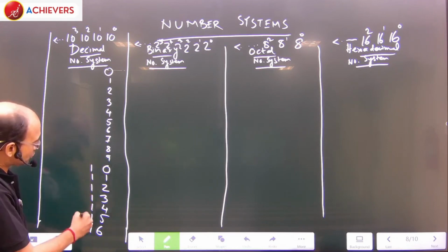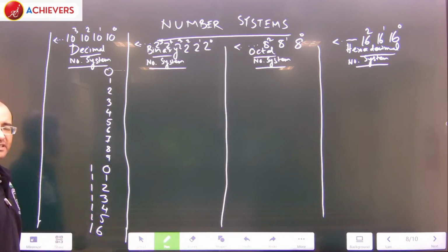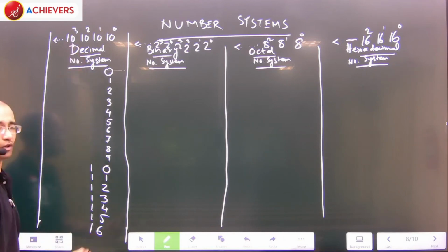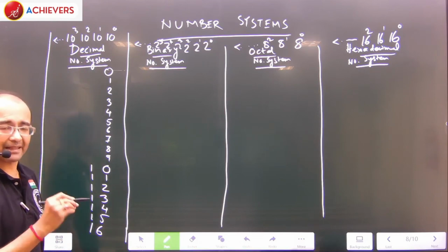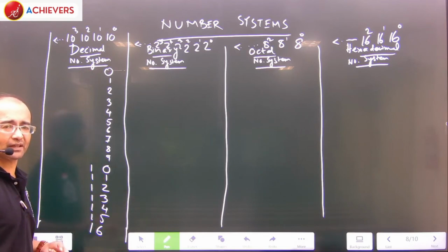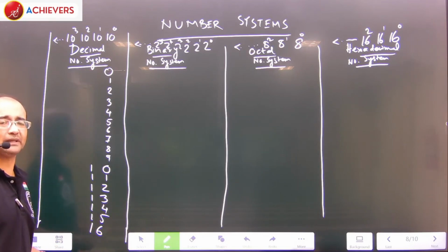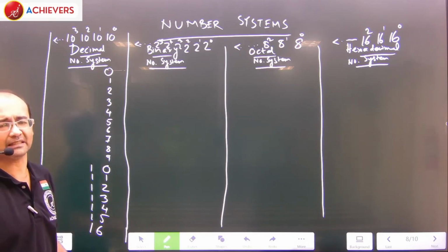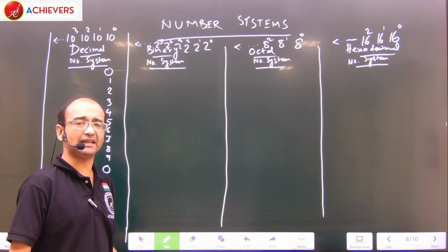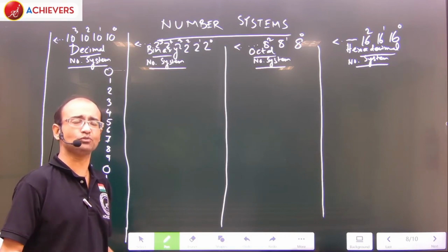We start with 00, and before it we put 1 under 10 to the power 2, and so on. So it becomes 100, and then we can continue with 00 to 99 after 1. Then after 2, we can continue 00 to 99. So that becomes 200 to 299, 300 to 399, up to 999.